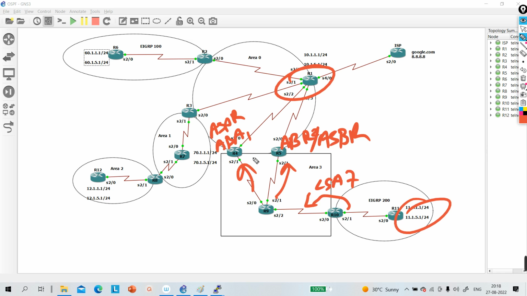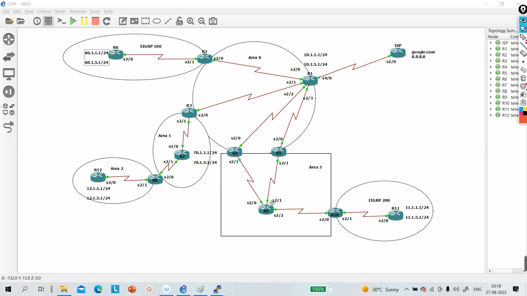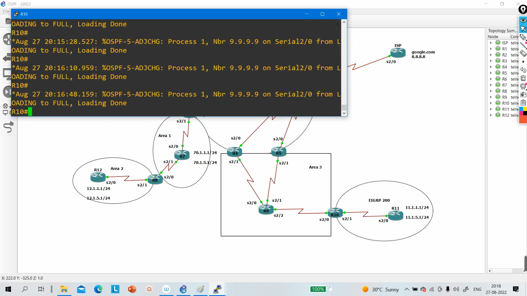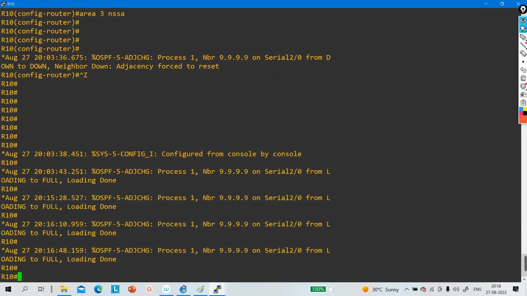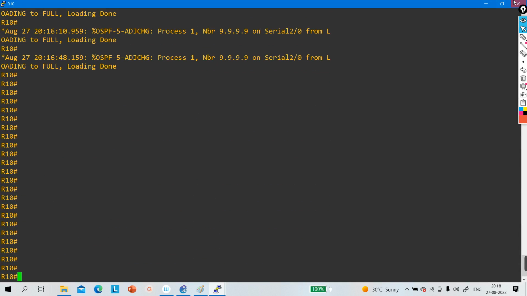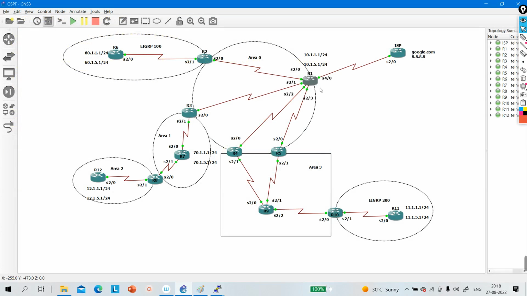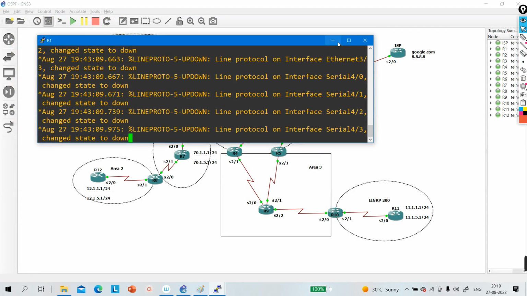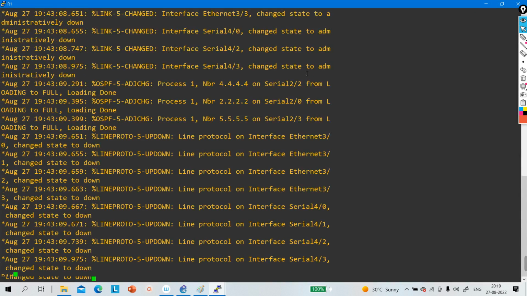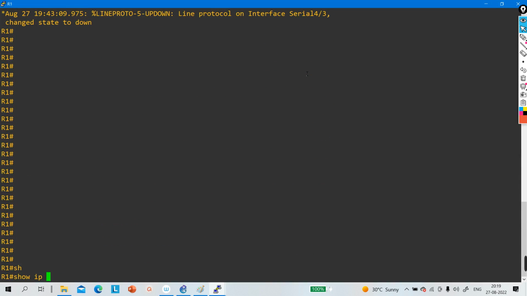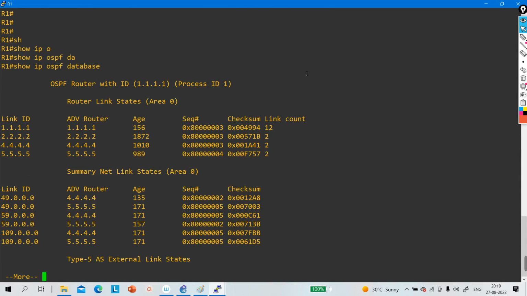So the router that has the highest router ID will generate what? It will generate LSA 5. So see here on the router node, this is router 10, router 1. So, IP OSPF database.